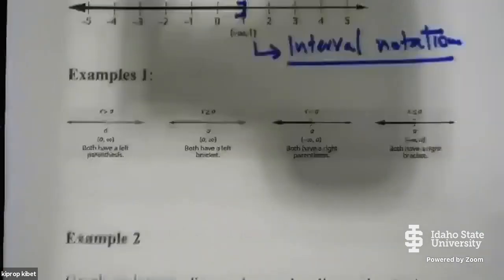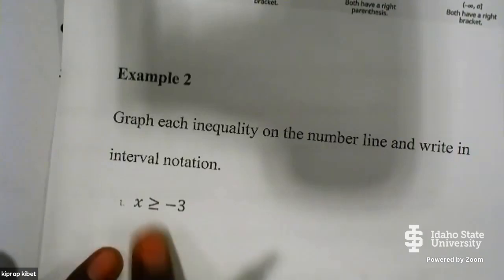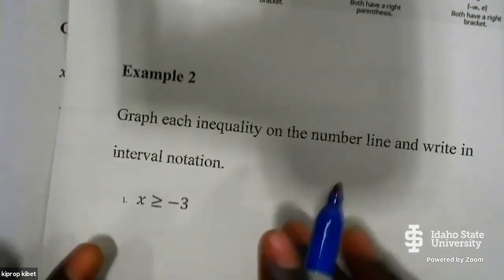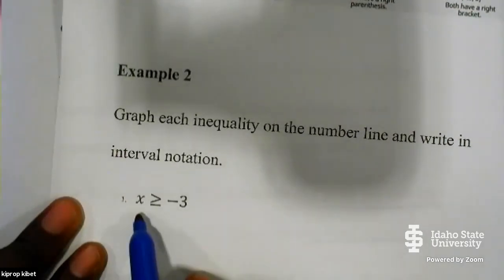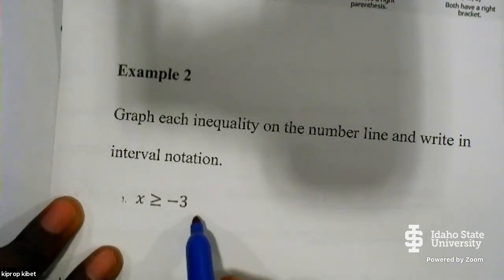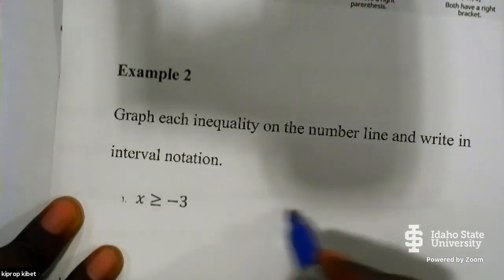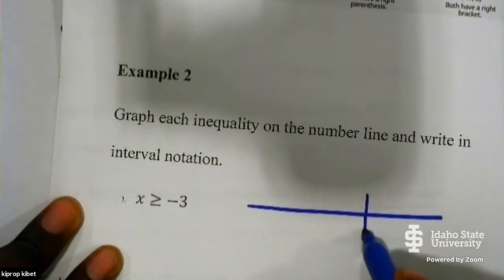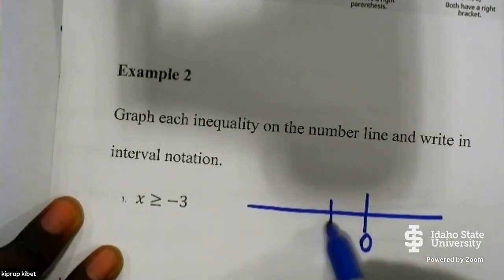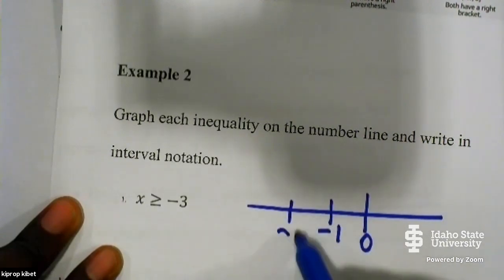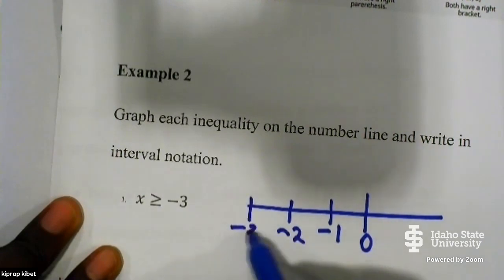Okay, also you can try this. So in this case, this one is x greater or equals to -3. So here you draw that. So this is 0, -1, -2, -3.